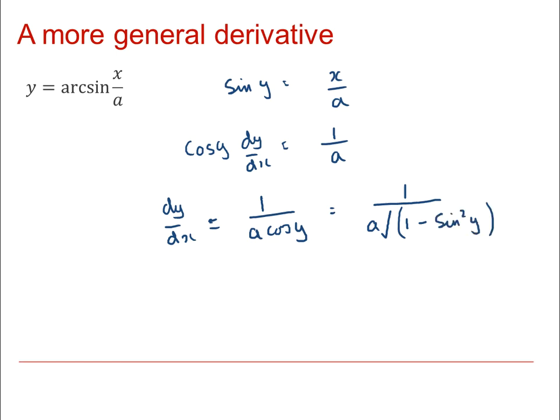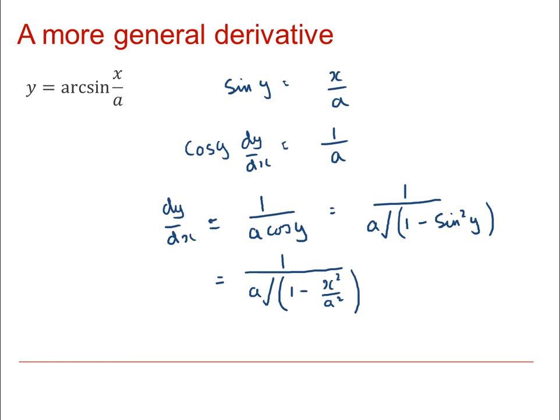Taking the positive root there again, because we know that the derivative must be positive. We can substitute for sine squared y being x squared over a squared, so that this is equal to 1 over a multiplied by the square root of 1 minus x squared over a squared.